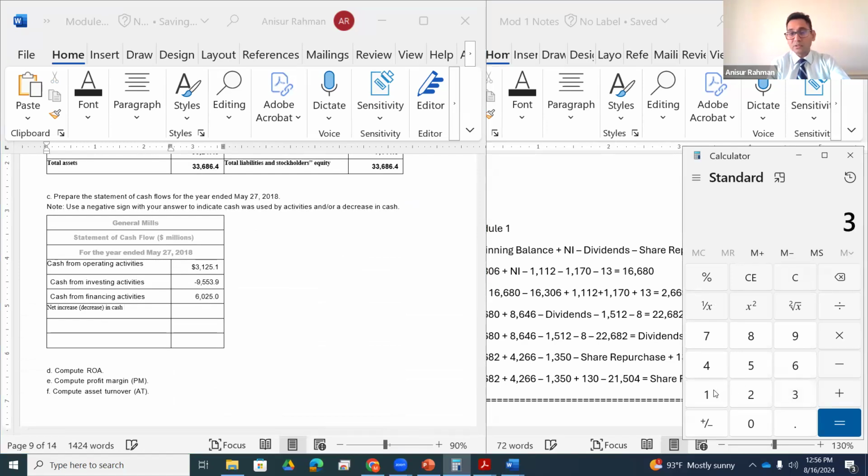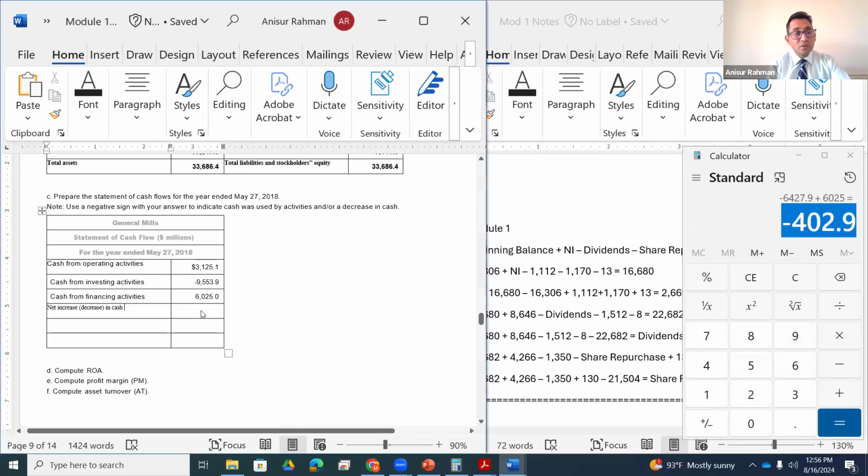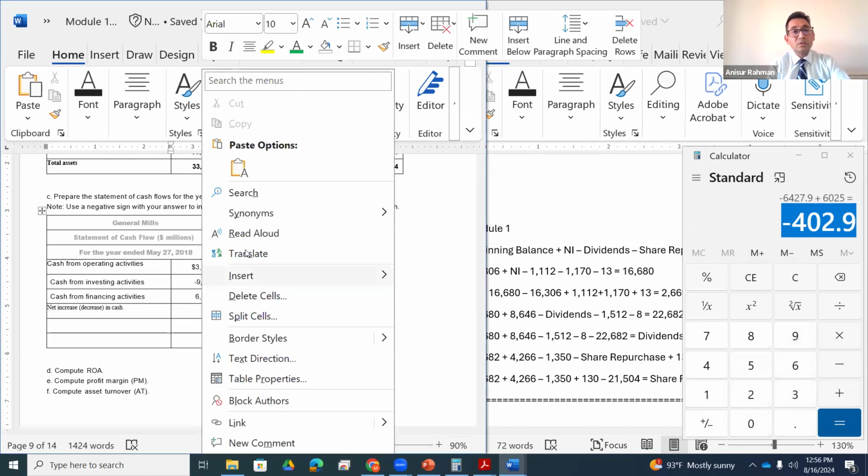So we have 3,125.1, negative 9,553. So it's a negative. So cash decreased during the year.